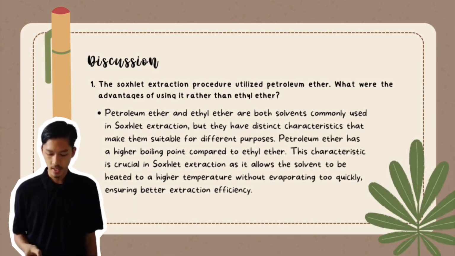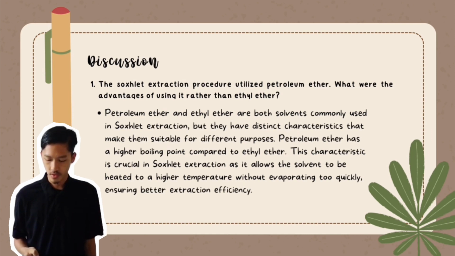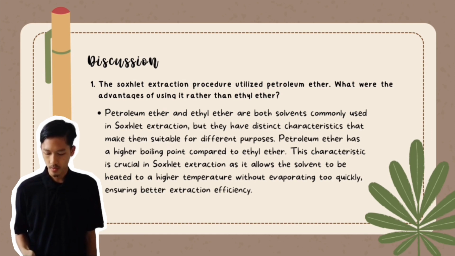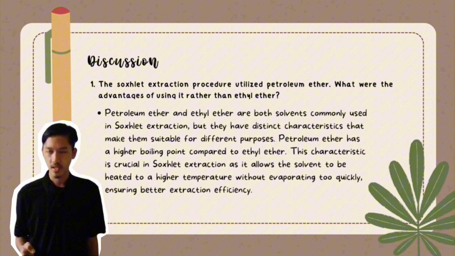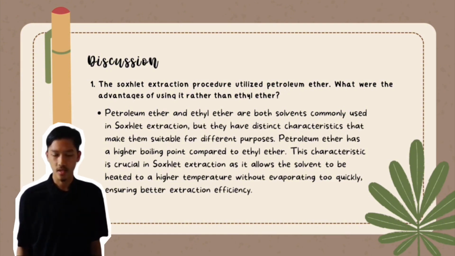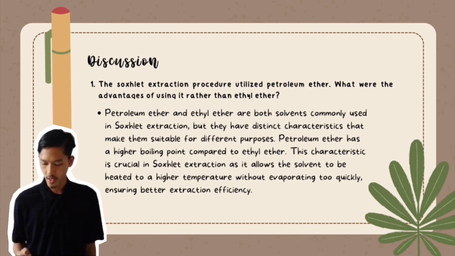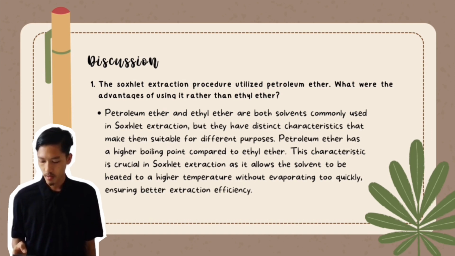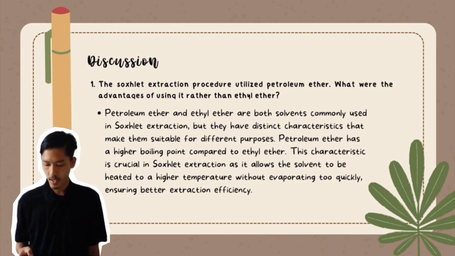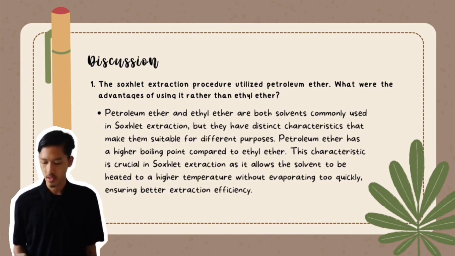Discussion number 1. The Soxhlet extraction procedure utilizes petroleum ether. What were the advantages of using it rather than ethyl ether? Okay. Petroleum ether and ethyl ether are both solvents commonly used in Soxhlet extraction, but they have distinct characteristics that make them suitable for different purposes.